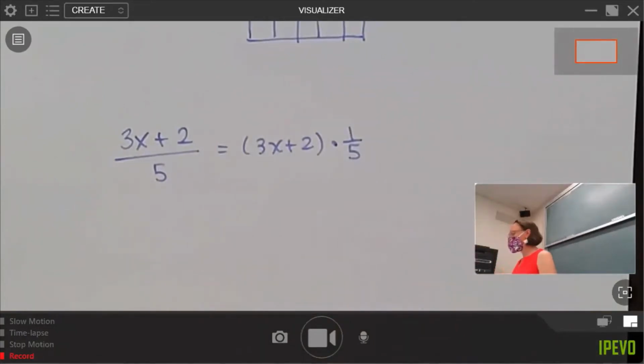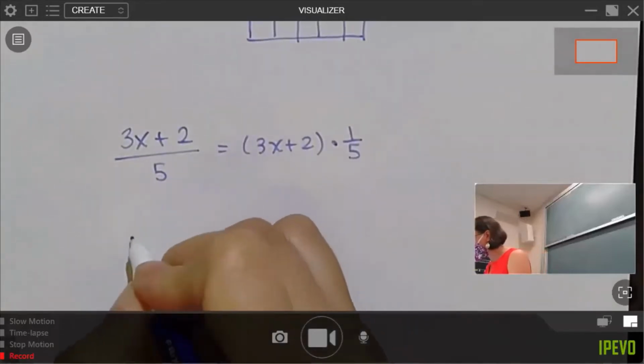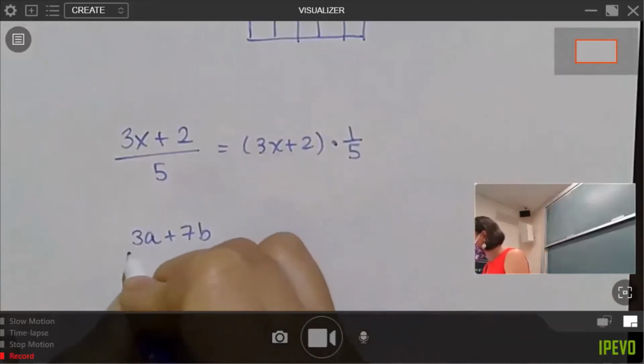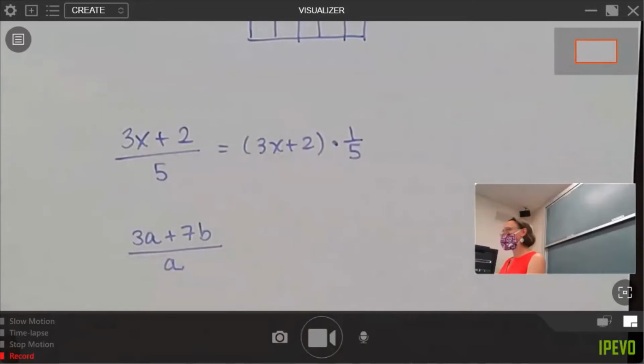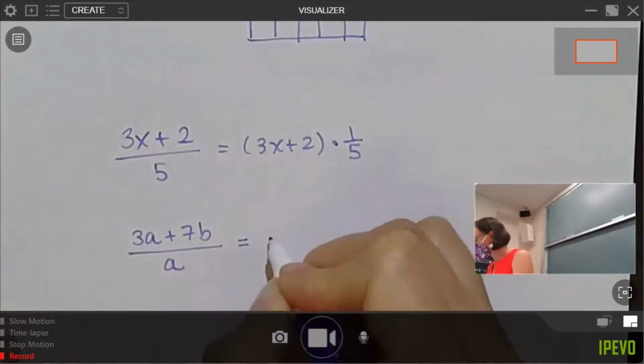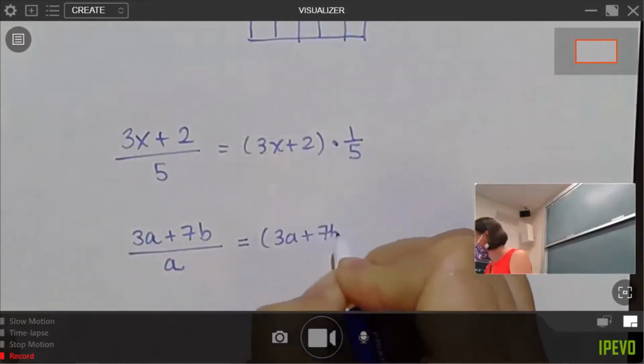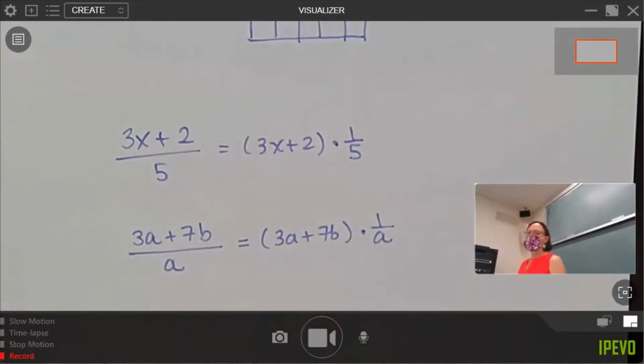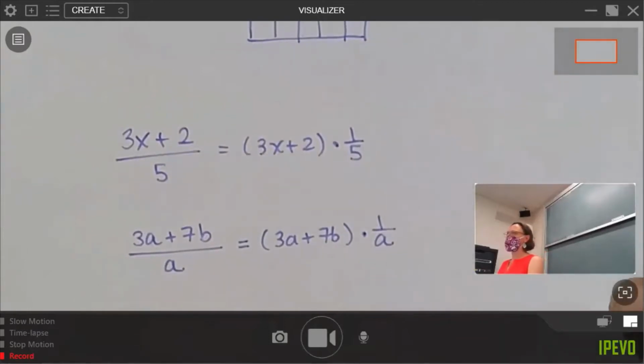It also works even if it's a letter on the bottom. So if I had 3a plus 7b divided by a, I can treat that as saying 3a plus 7b times 1 over a. So it's just a nifty equivalency to have with us. You are very welcome.